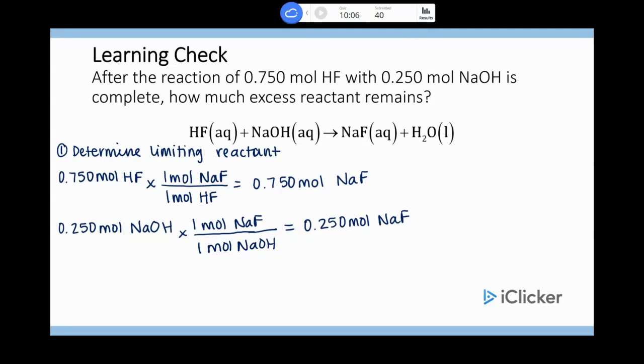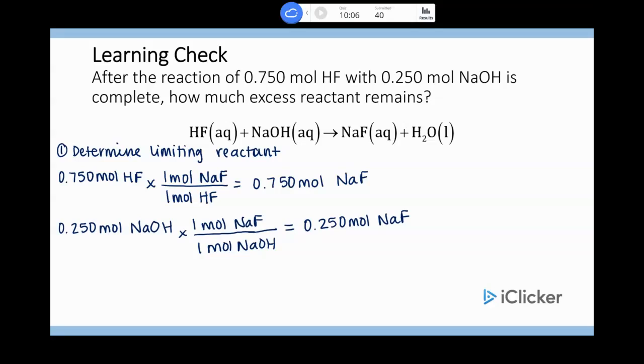So the sodium hydroxide that's present produces a lower amount of sodium fluoride. This means this is the maximum amount of sodium fluoride that can be produced when we have 0.750 moles of hydrofluoric acid and 0.250 moles of sodium hydroxide present.